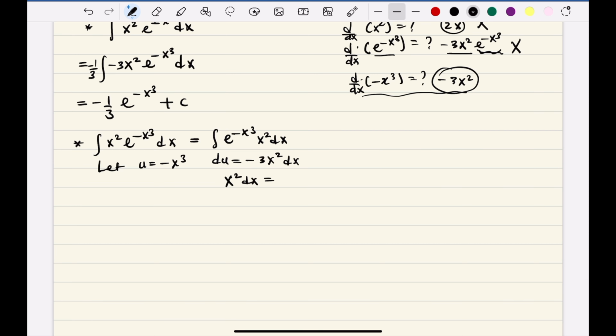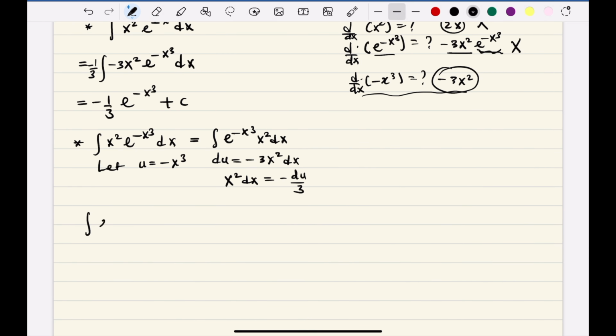That means x squared dx is negative du divided by 3. That makes sense, because if I multiply this back, I get my expression here. So, since u is negative x cube, the integral becomes negative 1 over 3 times the integral of e raised to power u du.